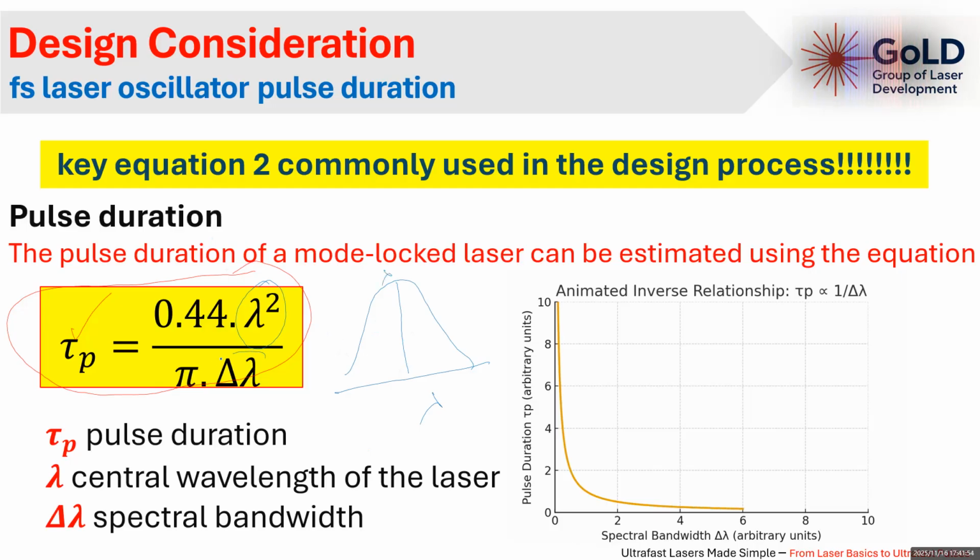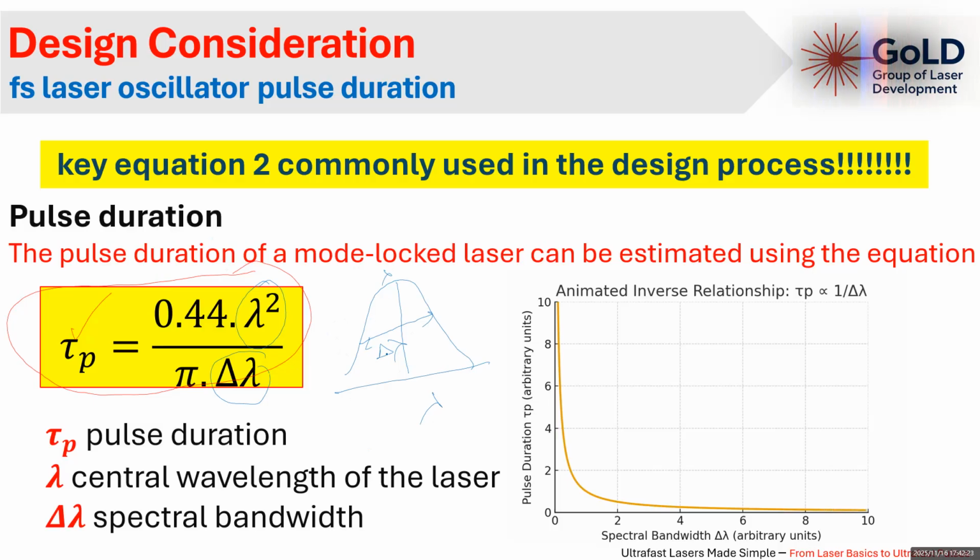And this lambda bandwidth here. Okay. So spectral bandwidth. What you will calculate here is the pulse duration. What wavelength do we have, or what wavelength do we want?